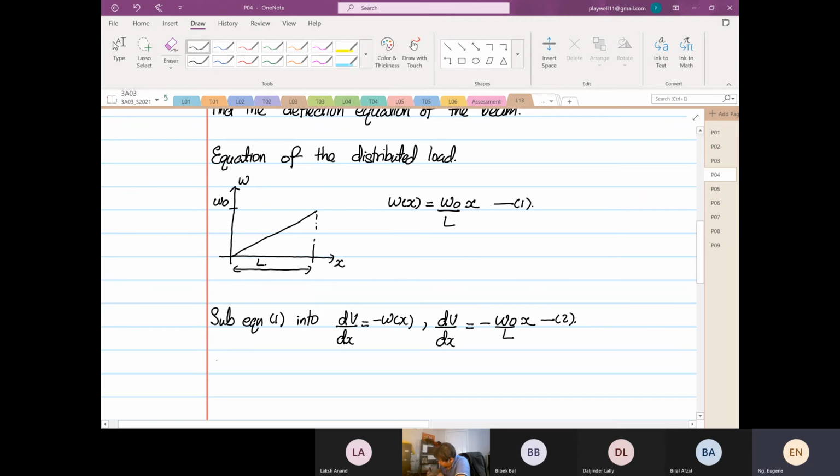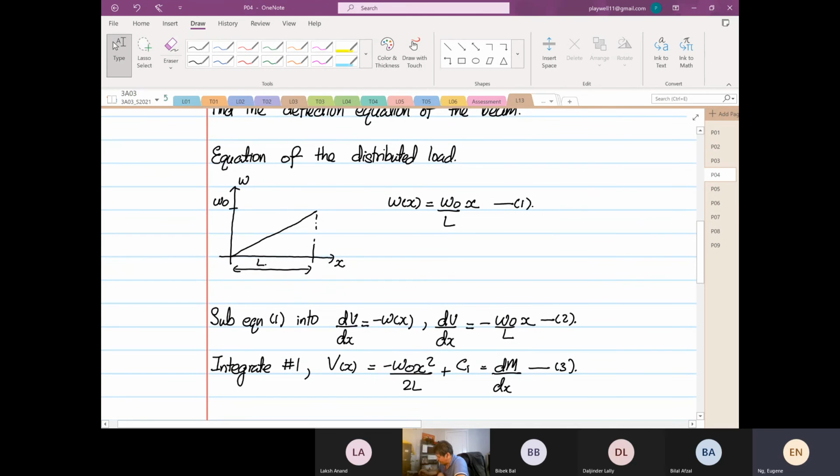Then we're going to integrate equation number 2. So V as a function of x is equal to minus omega naught x squared over 2L plus C1. Why plus C1? Because I'm integrating without any limits, so that's a constant. This is in fact equal to dM/dx. That is our equation number 3.